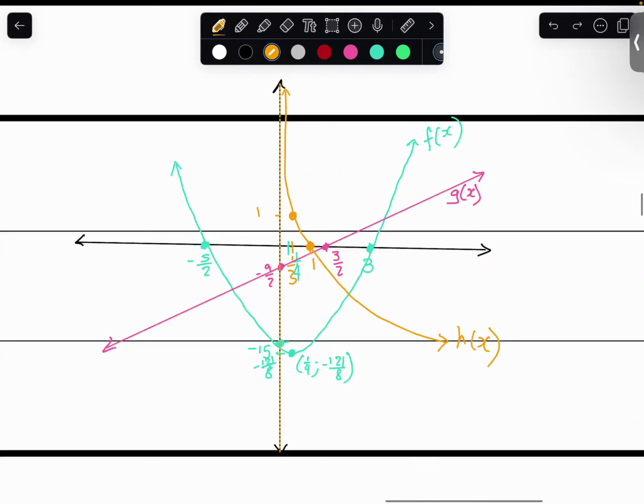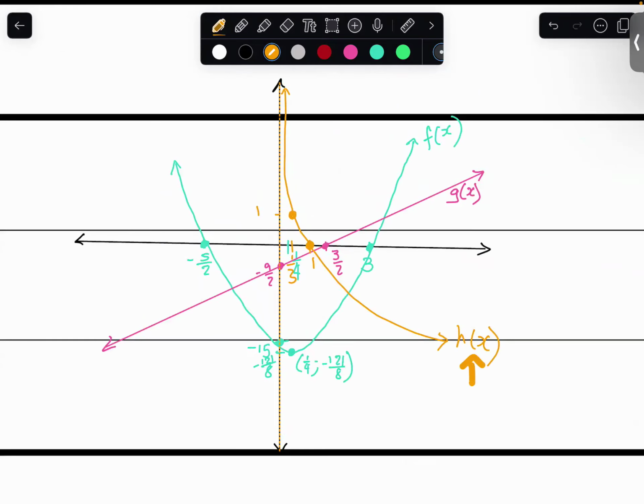So if I ask myself what is the range of the original graph, remember the range of a graph is the vertical existence of the graph. So if I'm looking at this graph, it's traveling forever up and forever down. Yes, it's traveling to the right, but it's also traveling down at this point, right?